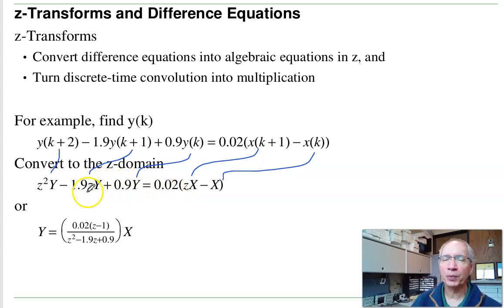Do some algebra, pull out the y's, solve for y in terms of x. I get this. Here's my transfer function. This is the gain relating x to y, but it's a function of z. So z means a discrete time system versus s, which means a continuous time system. Or z means a difference equation, s means a differential equation.